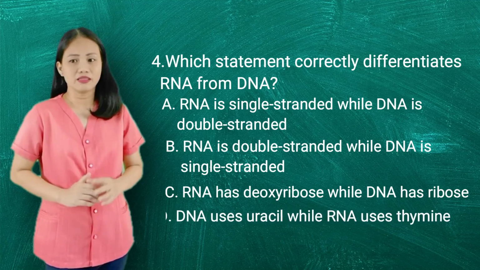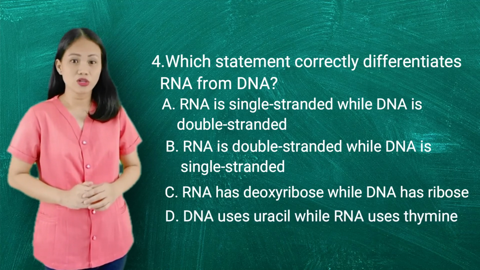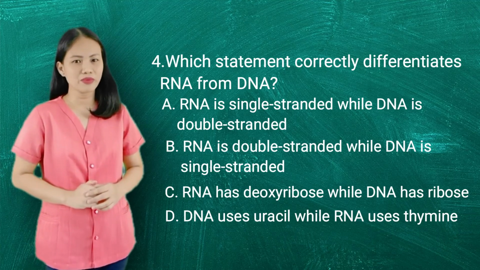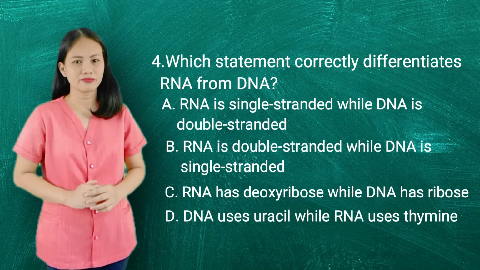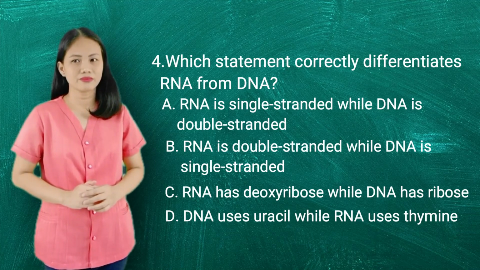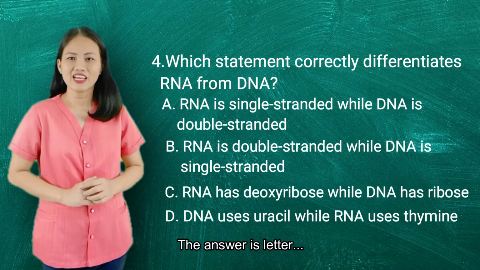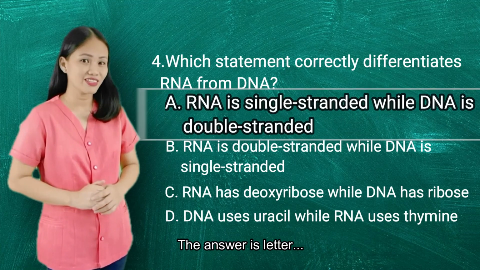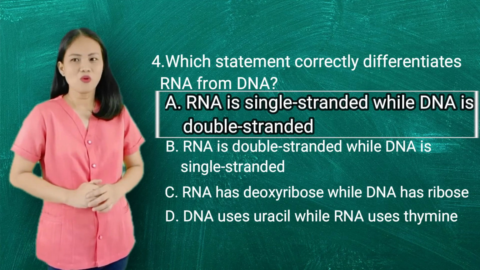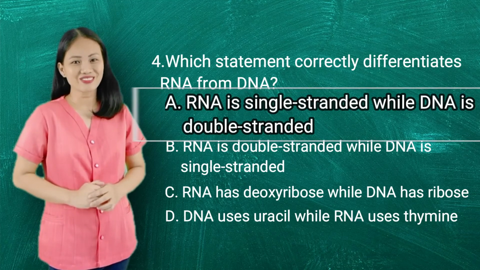D. DNA uses uracil, while RNA uses thymine. Excellent! The answer is letter A. RNA is single-stranded, while DNA is double-stranded.